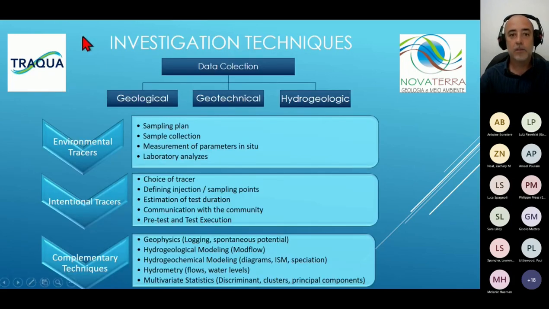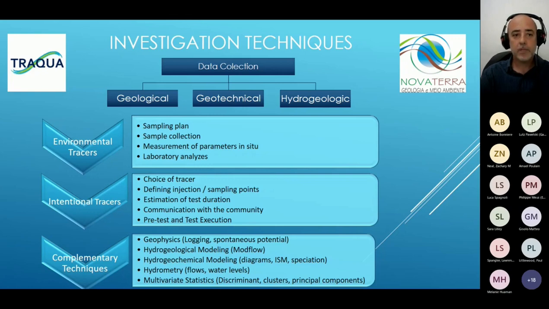The investigation techniques. First, we need to have data collection: geological data, geotechnical, hydrogeological, environmental, hydrochemistry is the first step of these studies.